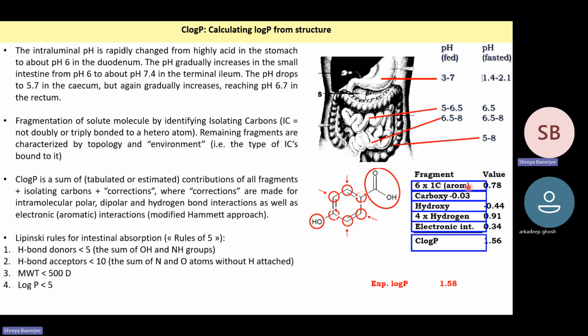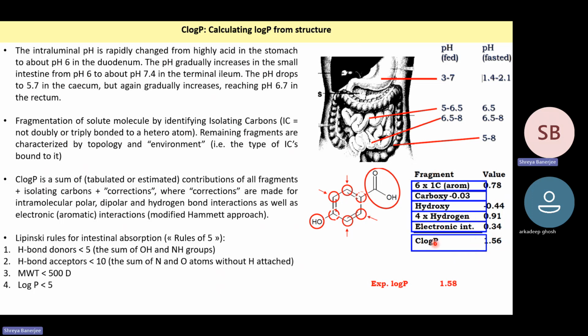You can see there are 6 isolating carbons, and all the different fragments like carboxy, hydroxy, and so on. And there are certain corrections made for intramolecular polar, dipolar, hydrogen bonding interactions. You can see there is a certain correction made for hydrogen electronic interactions and so on. All this together gives a certain value called clog P.